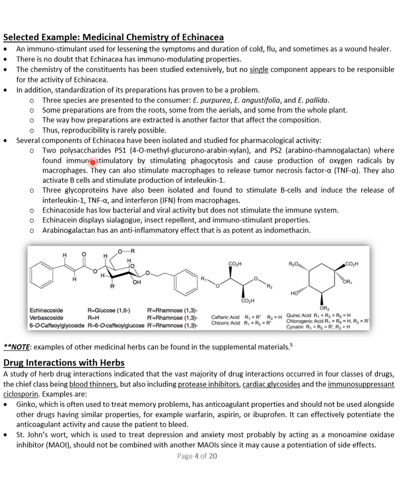And then I mentioned just a few components I selected that have some activity. For example, the 2 polysaccharides, and I'm not gonna read these 2 names, PS1 and PS2, were found to be immunostimulatory. Okay, so they basically stimulate the phagocytosis and blah blah blah, stimulate the macrophages, causing enhanced immunity.